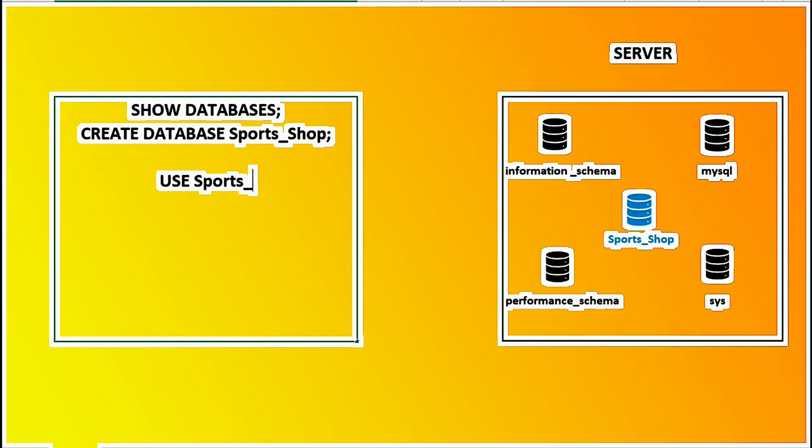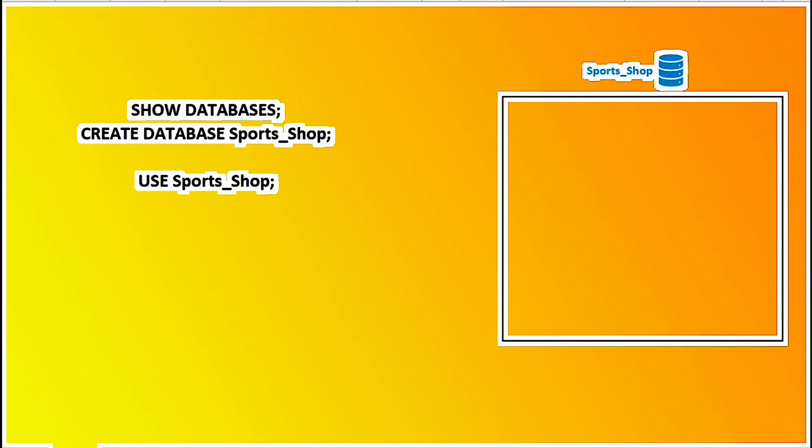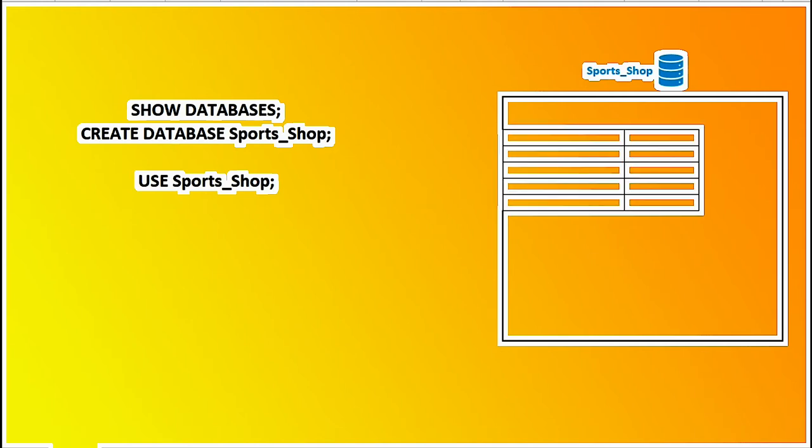So we will write use sports shop, the name of the database, with a semicolon at the end. And once I hit on execute, I will be inside the sports shop database. This is the database we are working in right now. Here we'll write all our tables and store all of our data.